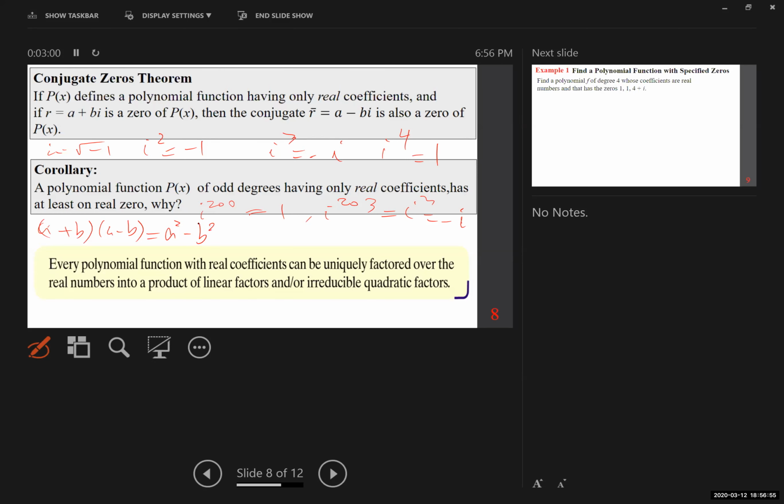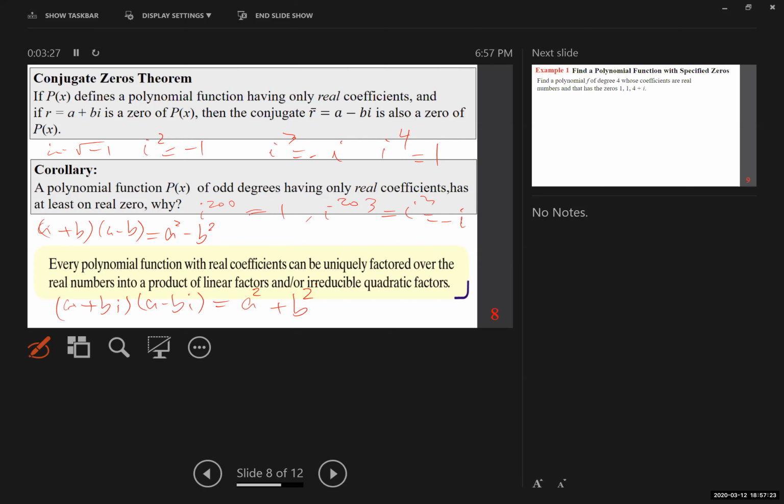All right, the other thing I want to add: everybody remembers a plus b times a minus b is a squared minus b squared. Everybody remembers that, yes? So therefore, what is a plus bi times a minus bi? Can anybody tell me? a squared plus b squared.